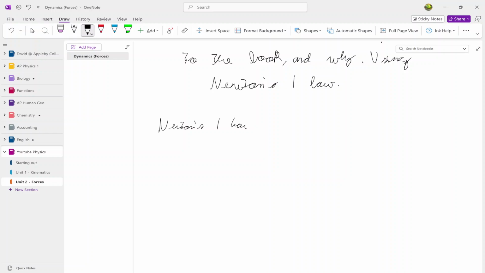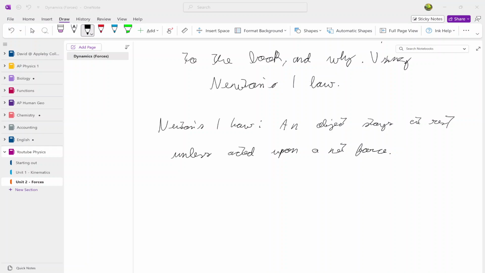We can just scroll up, or we can just remember that an object at rest stays at rest unless acted upon by a net force. All right.